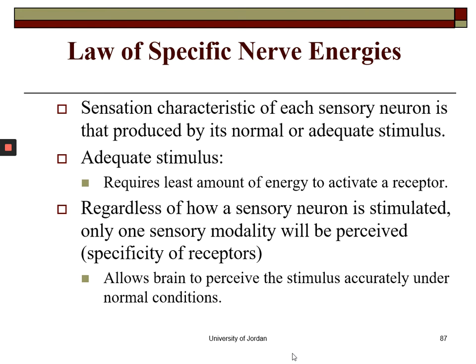So each sensory neuron has its normal, what we call the adequate stimulus. What is the adequate stimulus for the receptor? The adequate stimulus for any receptor, this is qualitative.